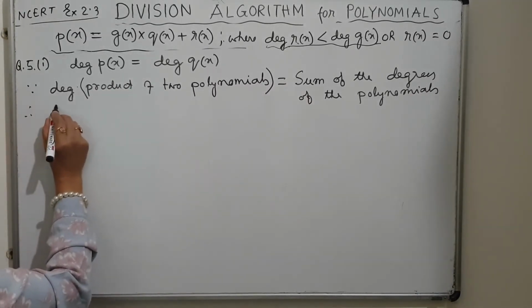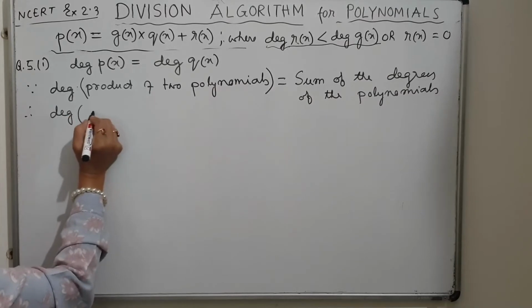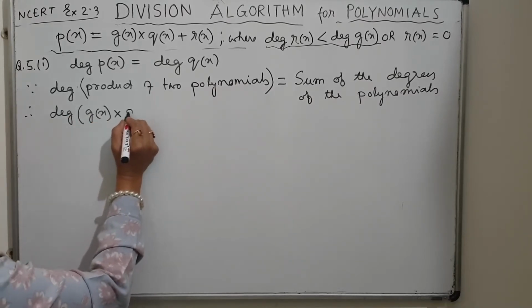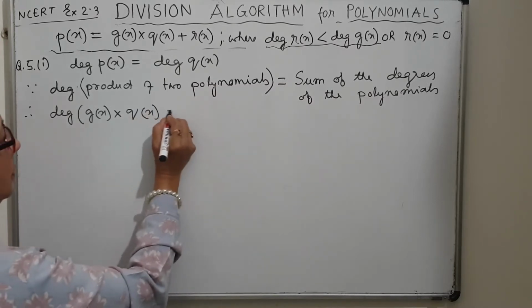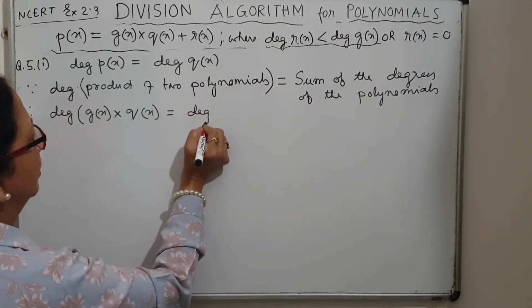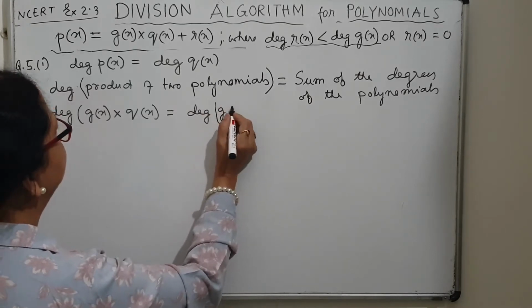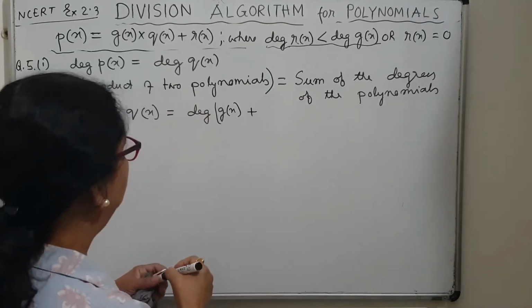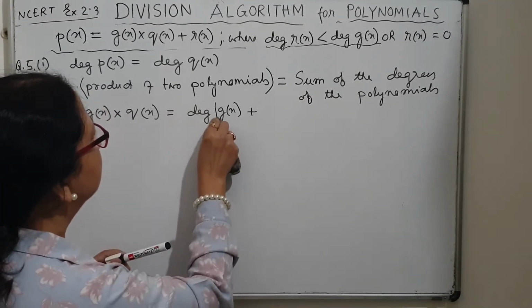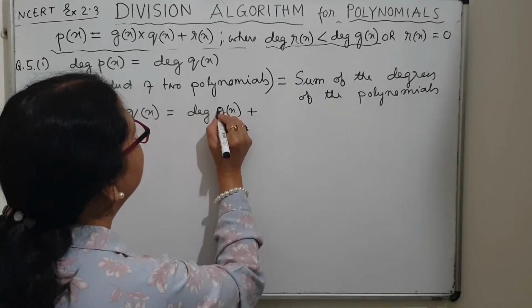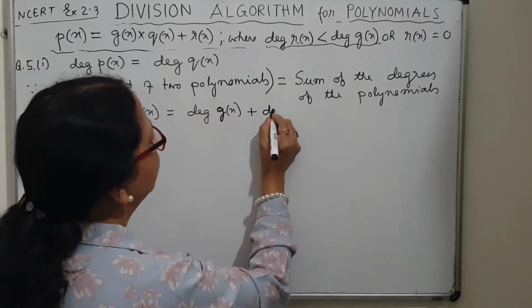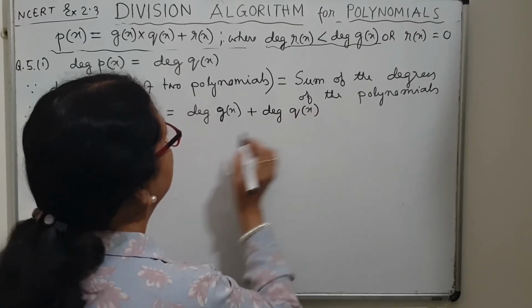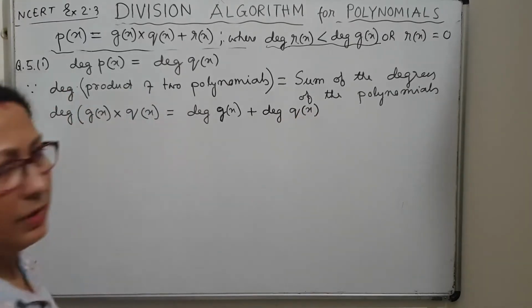Therefore, the degree of Gx into Qx will be the degree of Gx plus the degree of Qx. That is obvious.